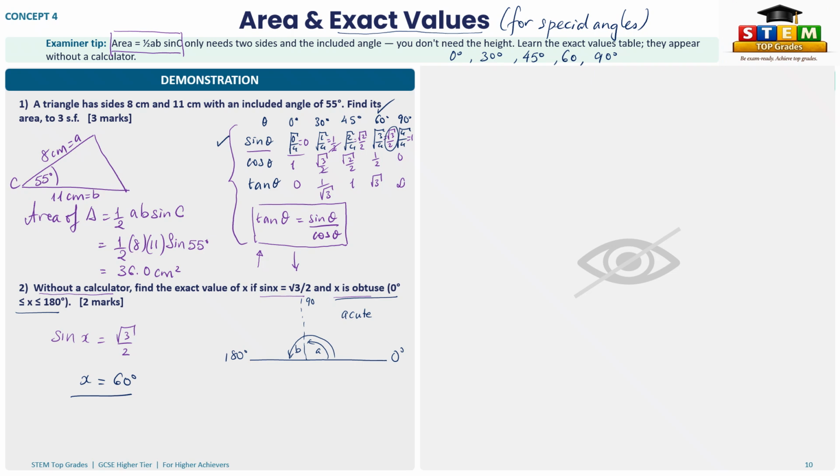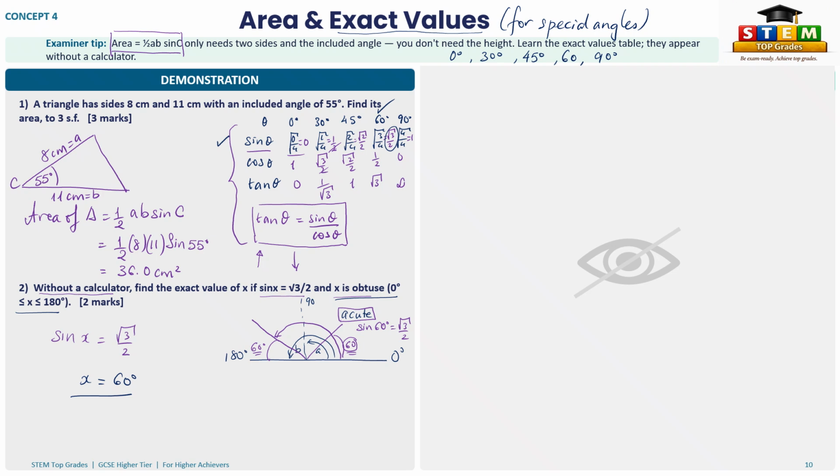Now, what you need to understand is if you are getting the sine of 60 degrees, it is going to give you root 3 over 2, but that has to be 60 because 60 is acute. Now, you will also realize that if you are on that side, which is obtuse, how do I find that angle? The idea here is this angle is symmetrical to that angle. So you got 60 on that side, 60 on that side.